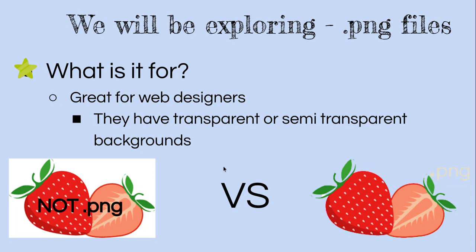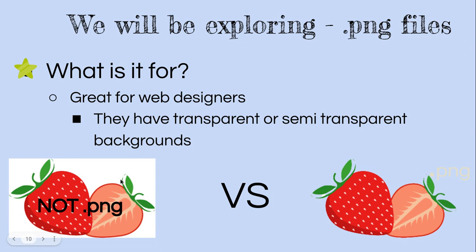The best thing to use it for is like websites, logos, and things like that, because as you can see, it looks like I put those strawberries right on the page, like they belong on this Google slide. They look attractive. They look like they belong, just like a cute little sticker or decal. Whereas over here, this is not a PNG.